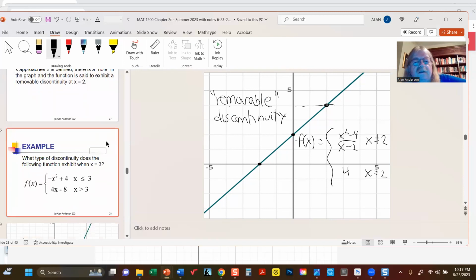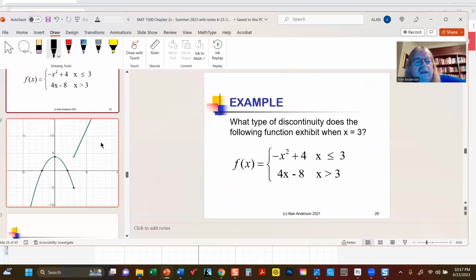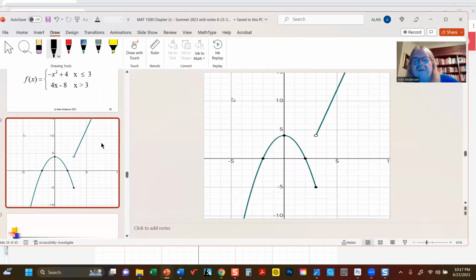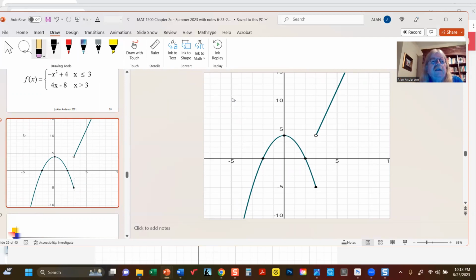Now, how about this one? Now, this is very similar to one we had earlier. And what you can see on the next graph is that when x equals 3, you can see that there's an actual gap in the two segments of this function.